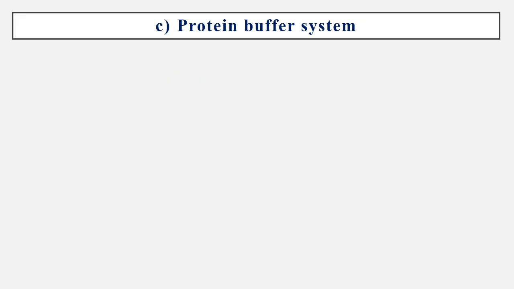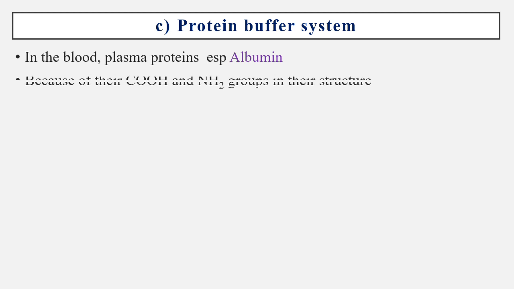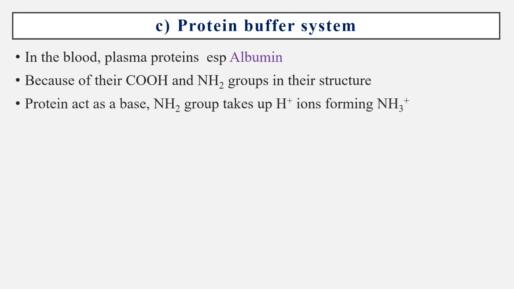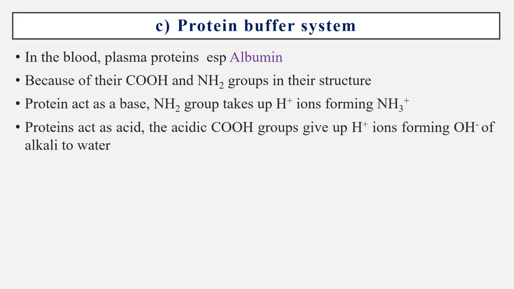Next, coming to the protein buffer system. In the blood, proteins, especially albumin, act as buffers because proteins contain a large number of carboxyl and amino groups in their structure. The protein acts as a base when the amino group takes up hydrogen ions, forming ammonium. Proteins also act as acids: the acidic carboxylic groups give up hydrogen ions, which neutralize hydroxyl ions of alkali to form water.